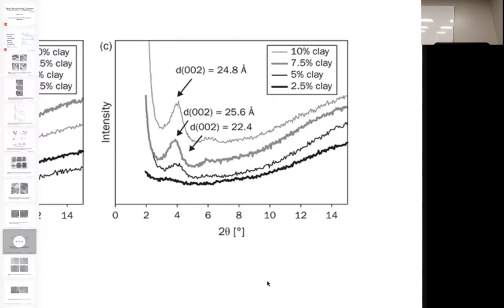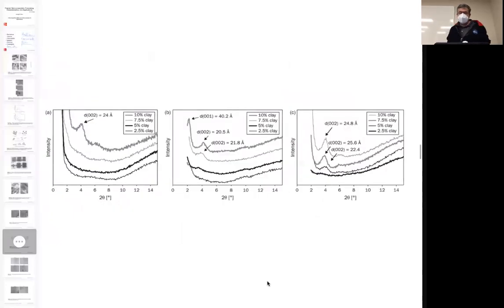The lowest level has no intercalates or very few, and then our intercalates form at a higher level. So this is telling us two things: that probably our maximum loading for this polymer is going to be at this 2.5. Maximum loading depends on just how well it is dispersed in the system.